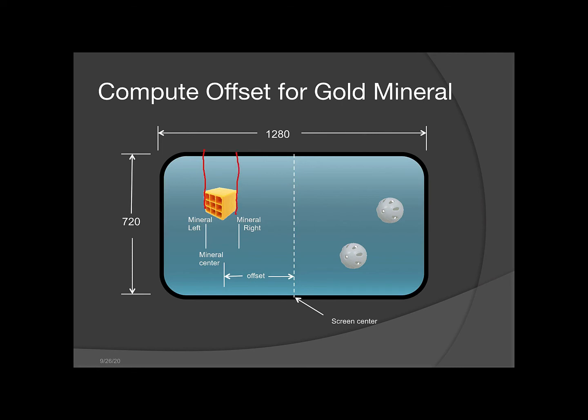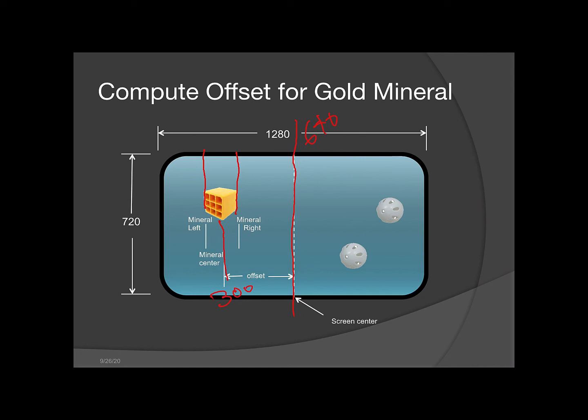We can use those two values to determine where the center is, then taking the halfway point of the display, which is 640, and suppose that the center of the gold mineral is at 300.